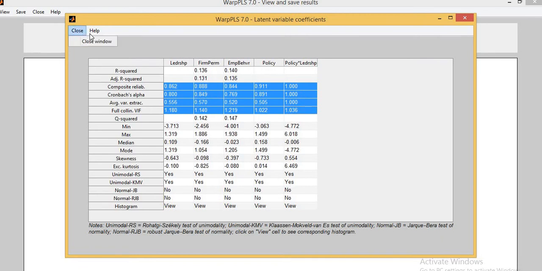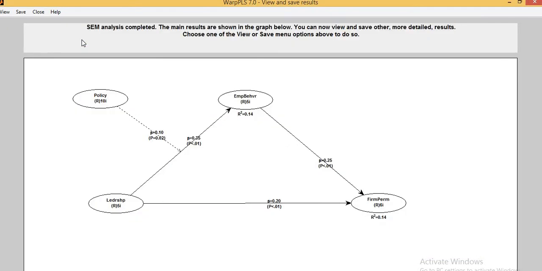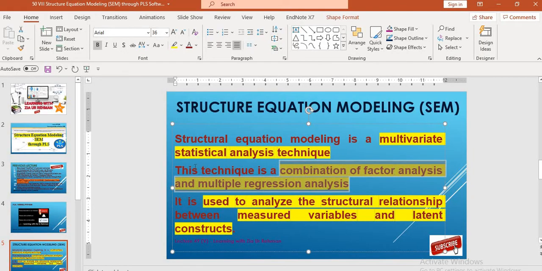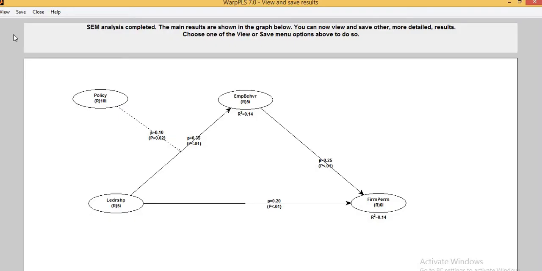the factor analysis. The first part of structural equation modeling is the factor analysis. See, as here, this technique is a combination of factor analysis and multiple regression analysis. The first part which I showed you is the factor analysis part.